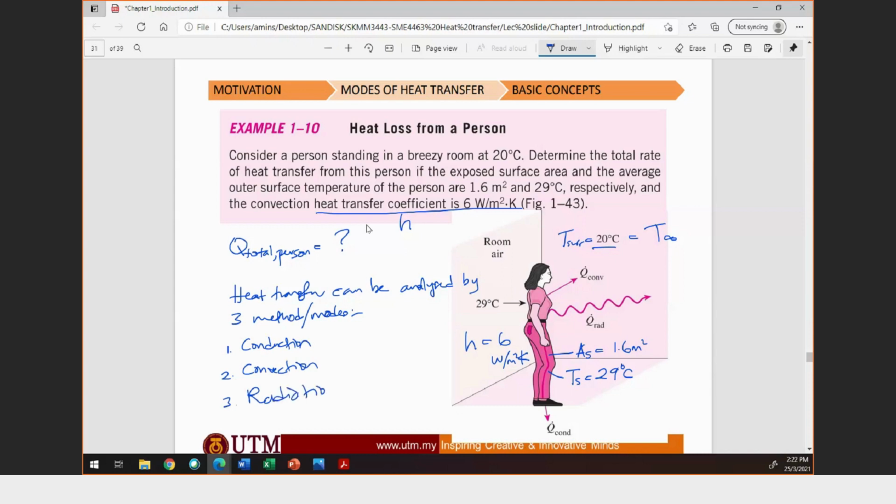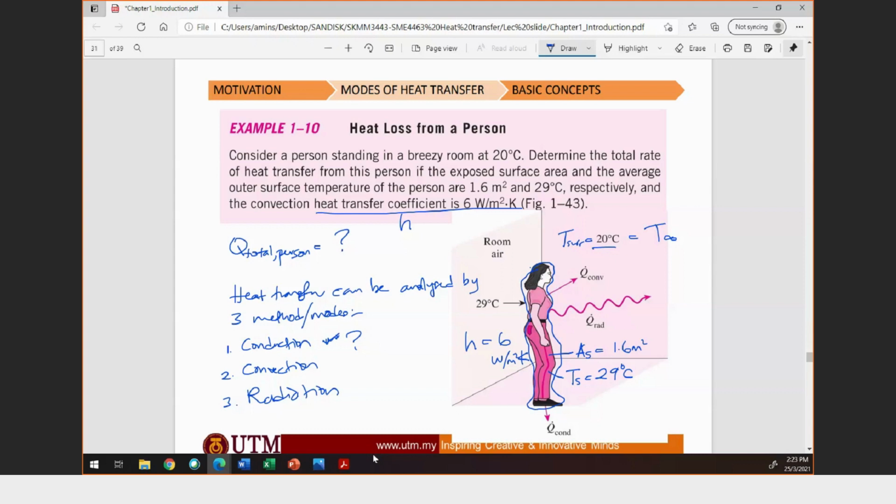Okay, so conduction, do you have a conduction here? If this is our system, and the system touches or relates directly with the surrounding using a solid object, that means there is a conduction.